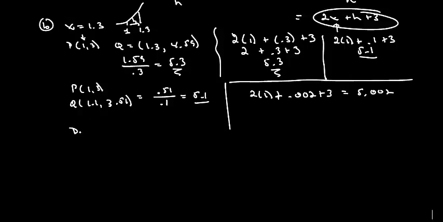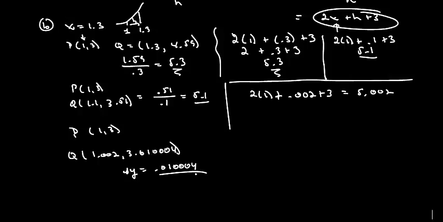If we do it out the long way, remember we're trying to find slope, we get P is 1, here's Q, 1.002, and now again we'll plug in 1.002. So 1.002 squared plus 3 times 1.002 minus 1 gives me 3.010004. So the change in the y values here is 0.010004. The change in the x values is 0.002.